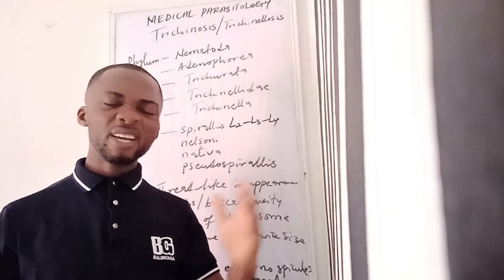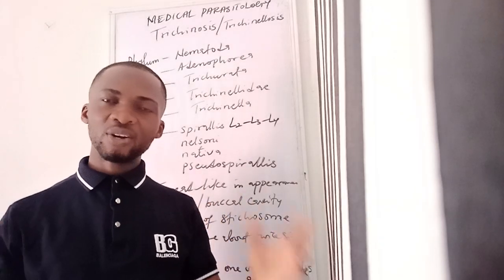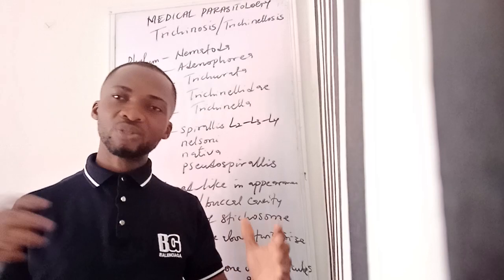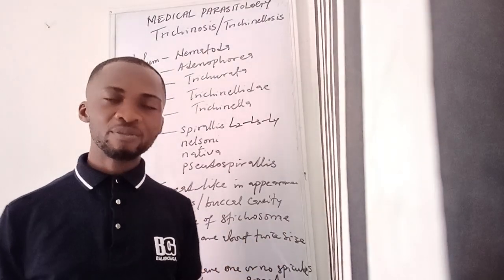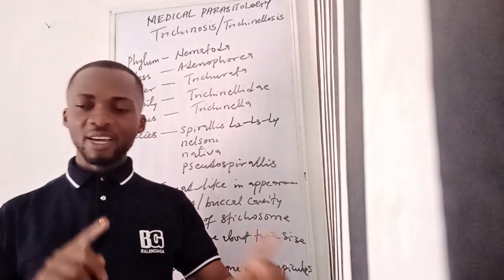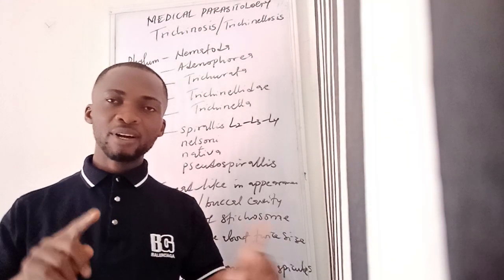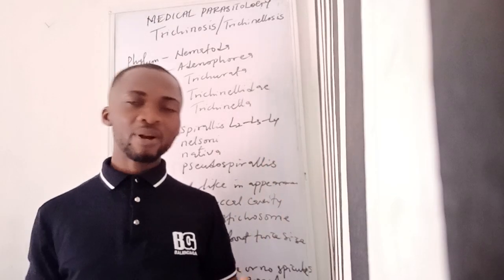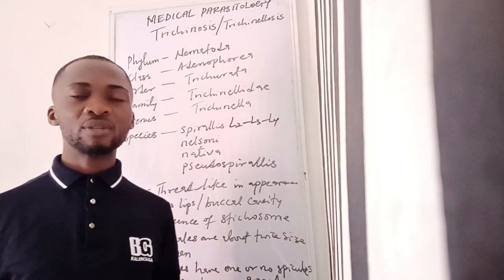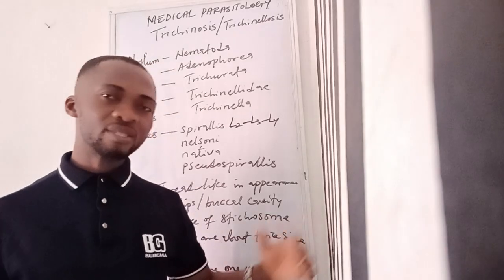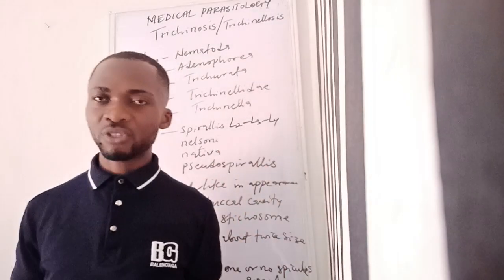We also have other methods, such as a human making sure that he or she does not interject himself within the sylvatic chain. We have two different types of trichinosis. We have the sylvatic trichinosis because this parasite also affects wild animals. So humans should not interject themselves within this sylvatic chain. That's another way of prevention and control.